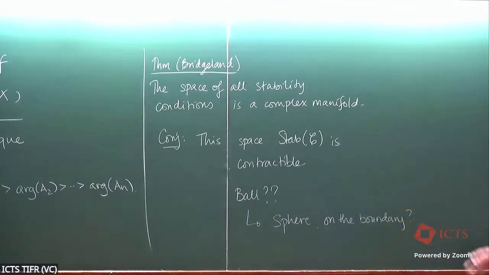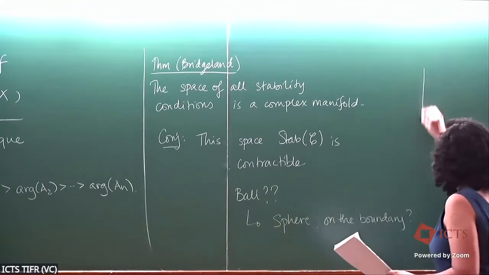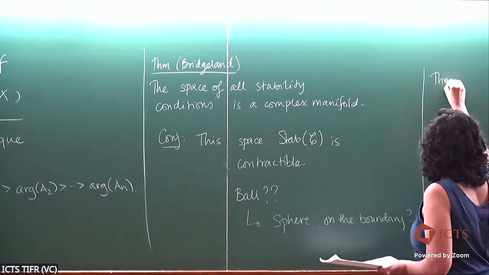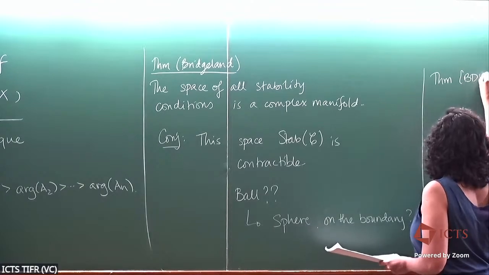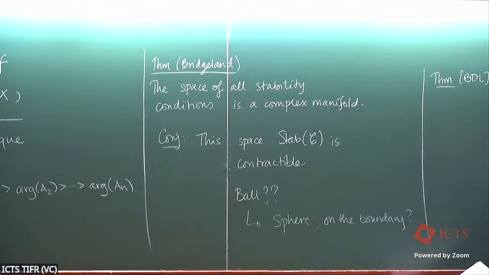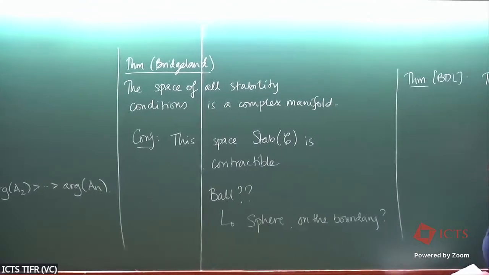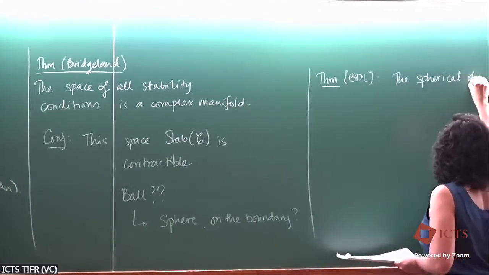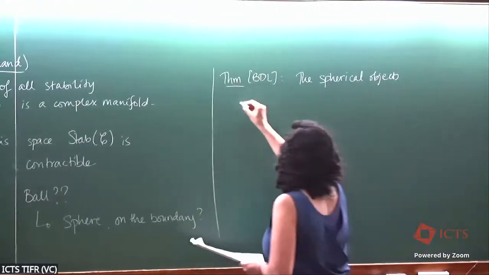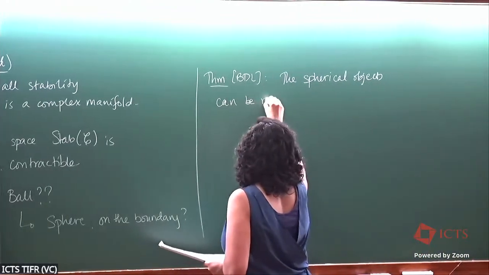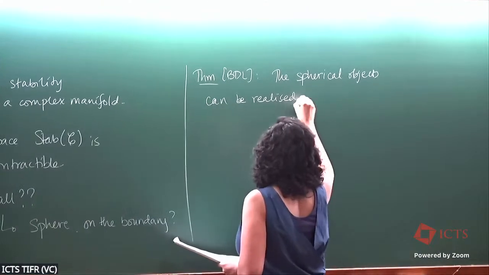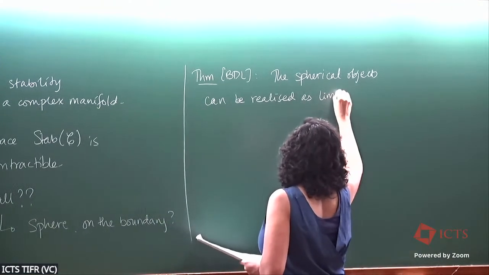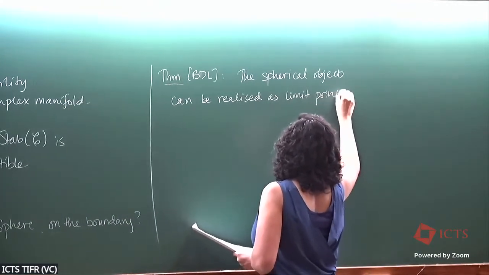It might sound like speculation, but in a theorem from a few years ago, we showed that the spherical objects, in pretty wide generality, can be realized as limit points of stability conditions.